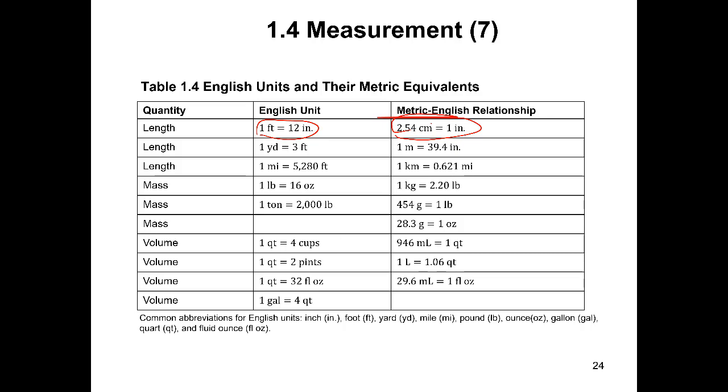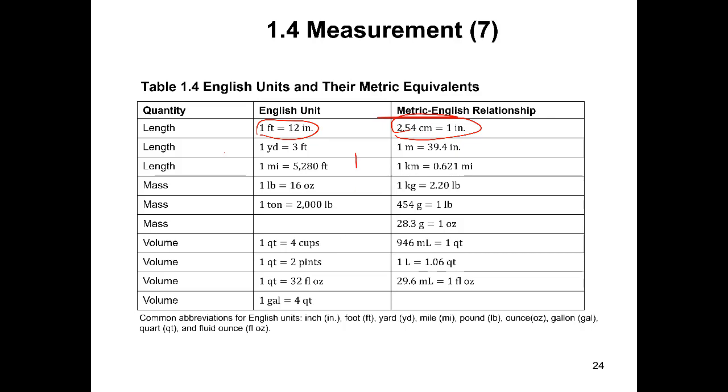If you have a TI-83 or TI-84 calculator, they actually have a lot of these conversion factors in there. But you've got to be able to do that in your head or on paper as well. So what I find, which is really funny to me, is that most of the time people are okay with the metric relationships.